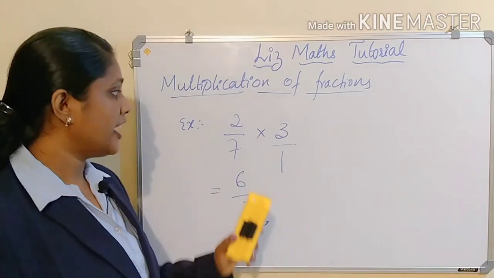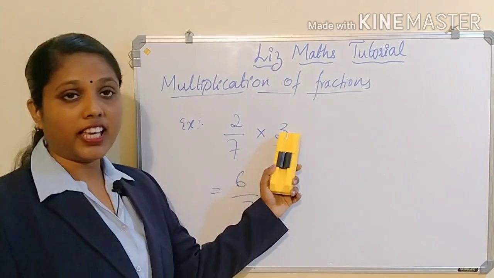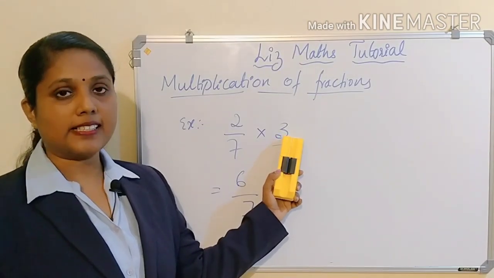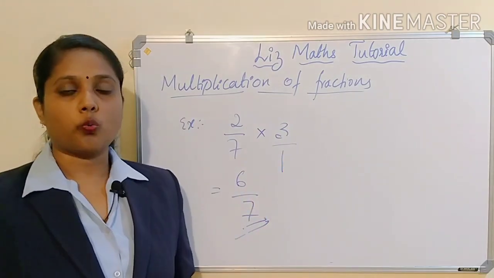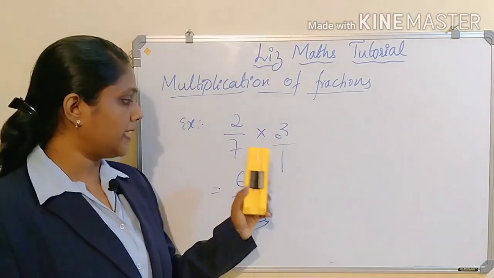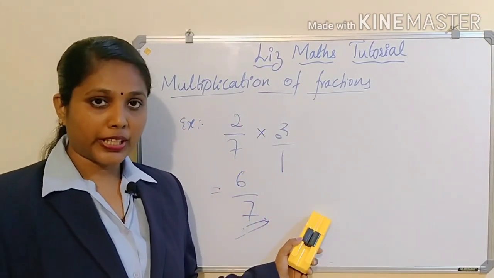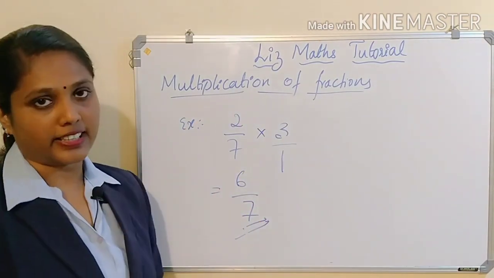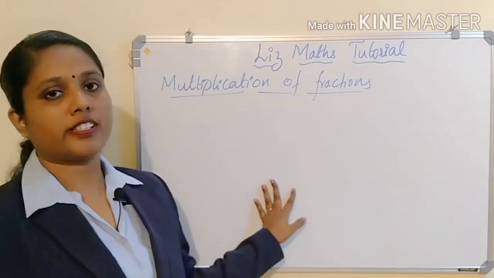Hope you understood. If you have a fraction with any natural number, you have to take the denominator as 1 here, and you can multiply numerator into numerator, denominator into denominator, and find the final answer. Hope you understood this. The multiplication of fractions is over.